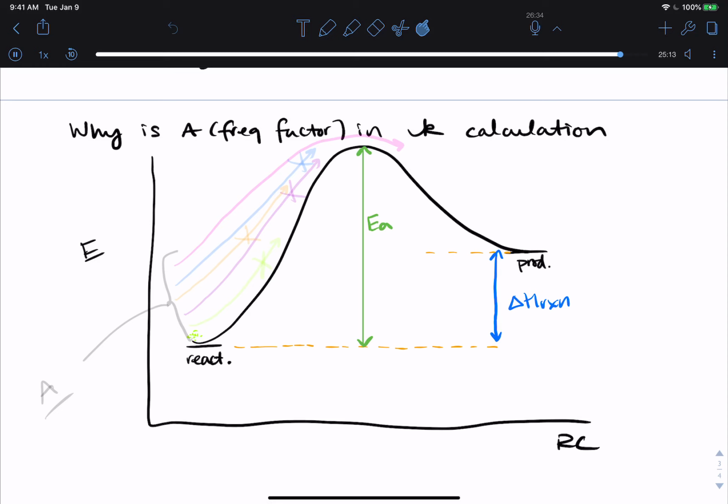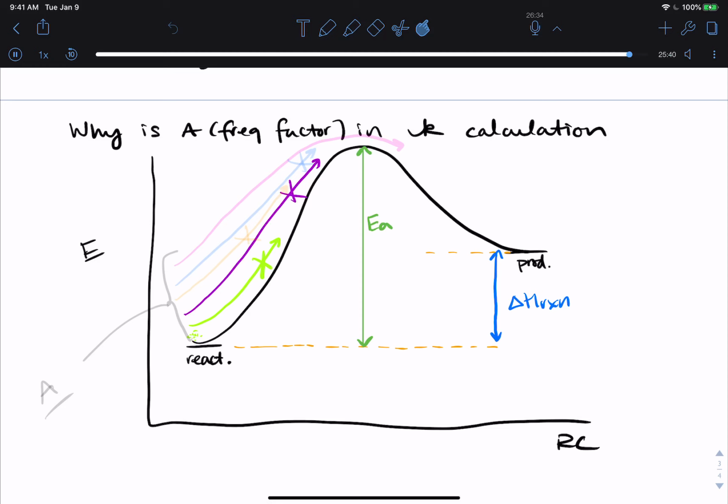You have a couple of the molecules that approach each other, and they go, but they don't have enough energy, so they don't get over the hill. Then they go again, and they have enough energy, but they don't have a proper orientation, so they don't get over the hill.